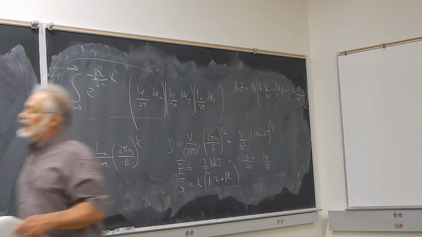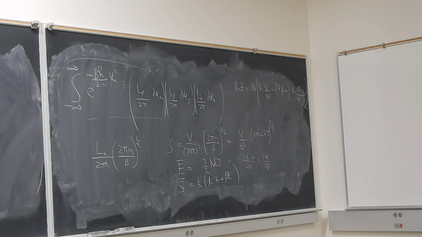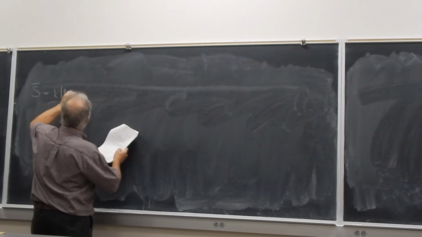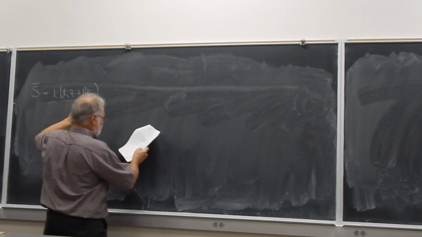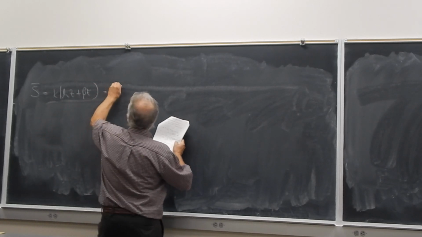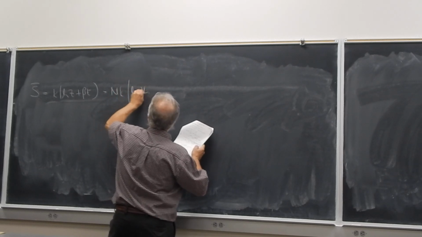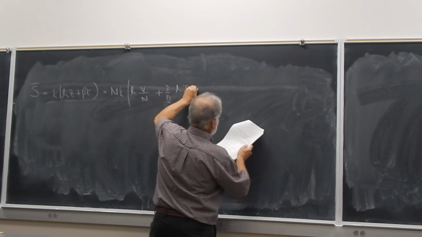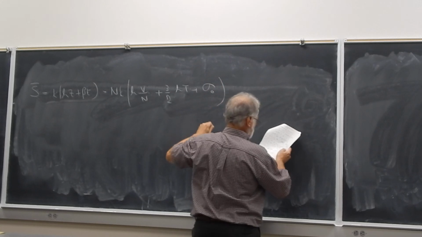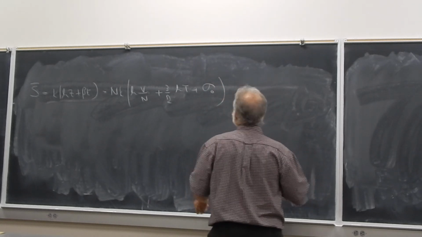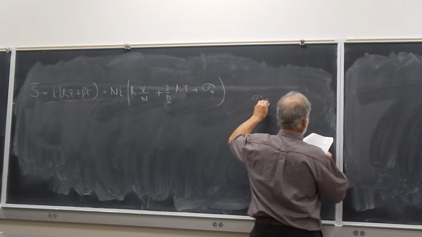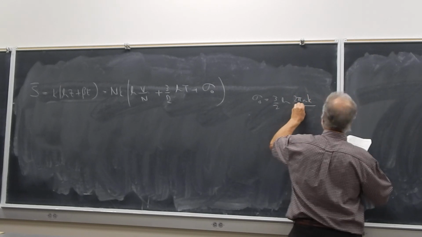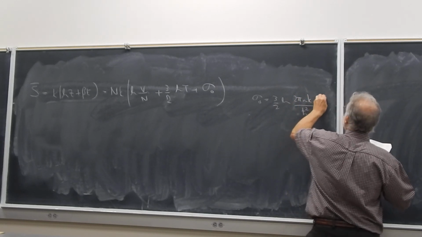Let me write that over here. My mean entropy, if I were to write that out, would be equal to k times log Z plus beta E, which I can write as N times k log V over N plus 3/2 log T plus sigma naught, where sigma naught is a constant equal to 3/2 log of 2 pi m Boltzmann's constant over h squared, plus 5/2.